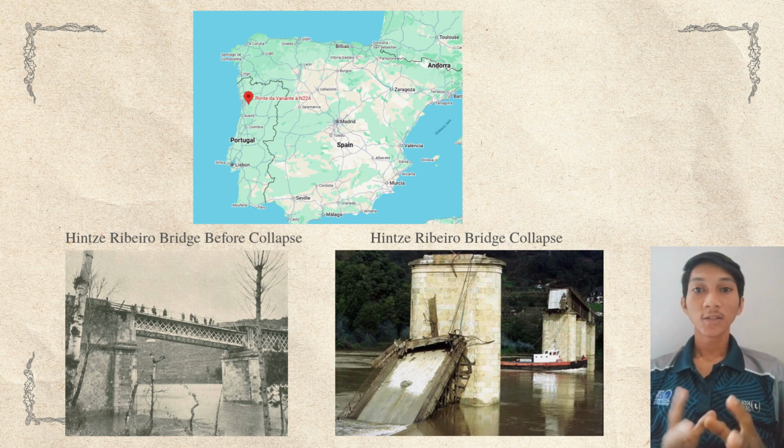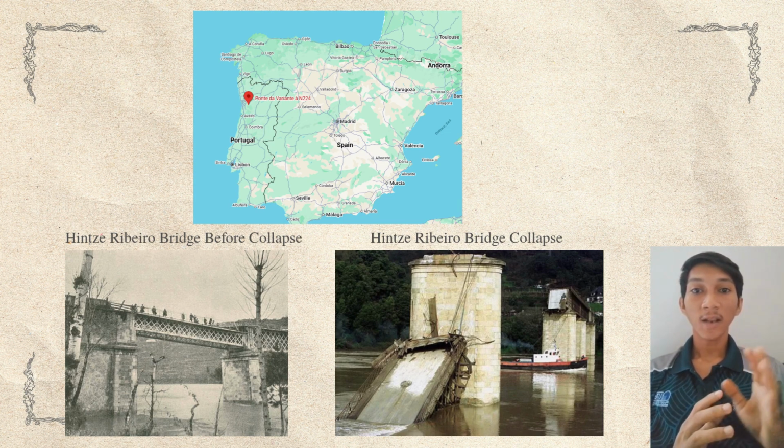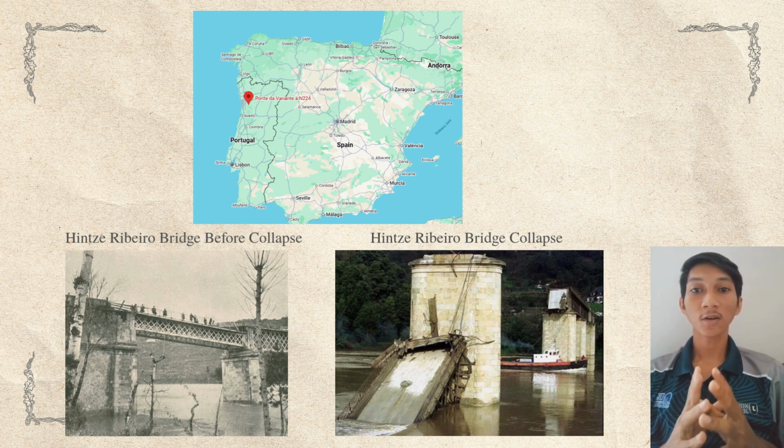This slide shows the Hintze Ribeiro Bridge before and after the collapse. The image on the left illustrates the bridge when it was still functioning and supporting transportation across the river. The image on the right shows the damaging collapse that occurred in 2001.